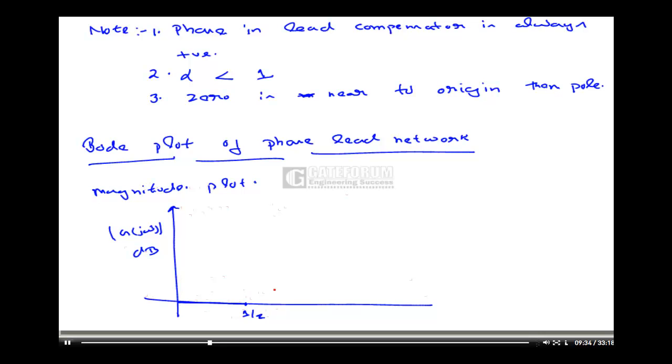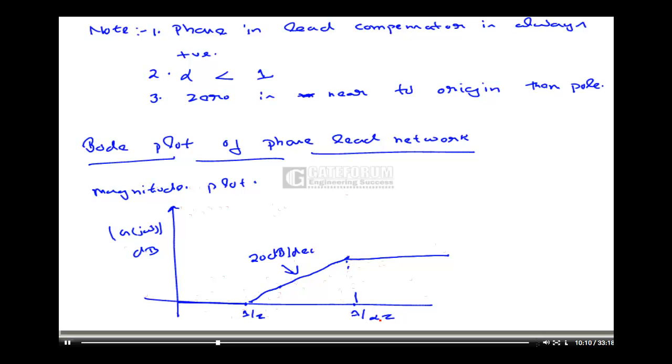After this point the magnitude will keep on rising because of the presence of the zero, changing at a rate of 20 dB per decade. The other point is 1 by alpha tau.